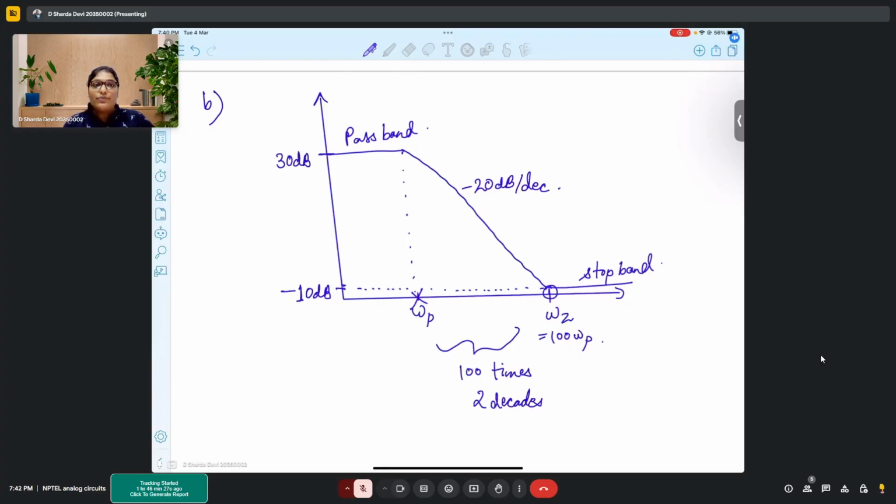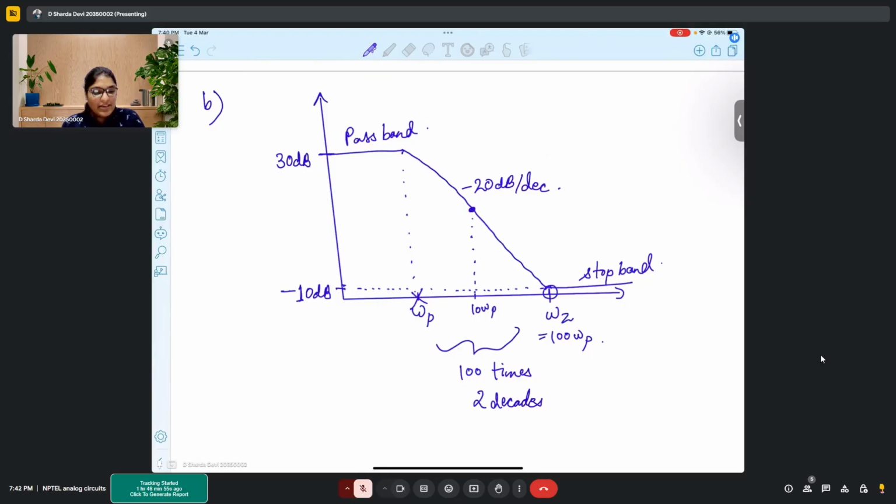If we are moving from right to left in the curve, then we can see the slope is 20 dB per decade. So once you reach the first decade, that is 10 times omega p, you will be increasing the gain by 20 dBs, right?